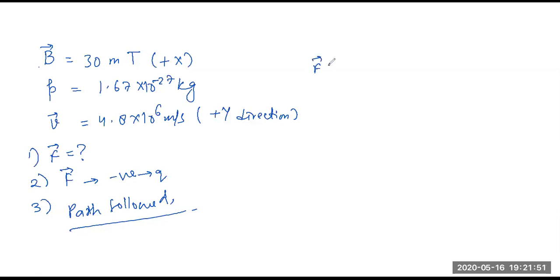F can be written as Q V cross B, right? Now the value of Q is 1.6 into 10 to the power minus 19, V is 4.8 into 10 to the power 6, B is 30 into 10 to the power minus 3.